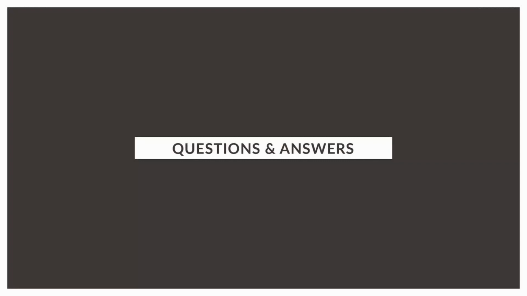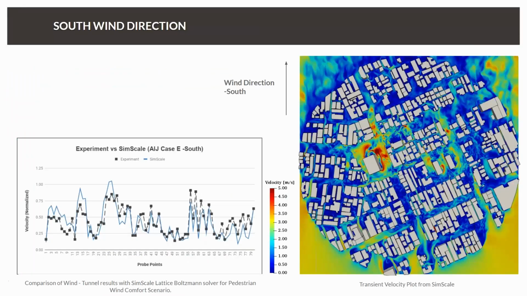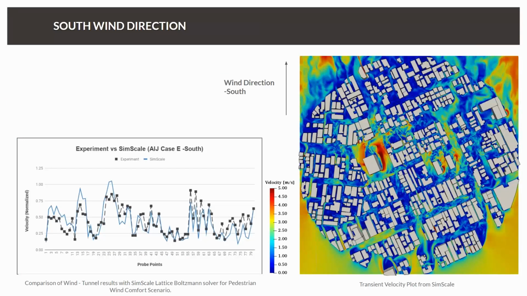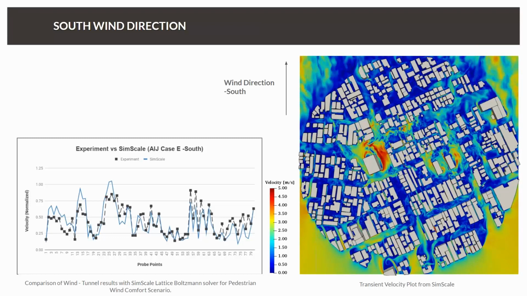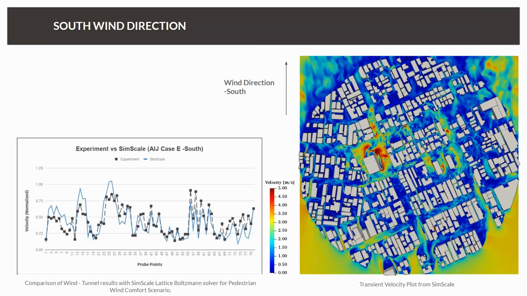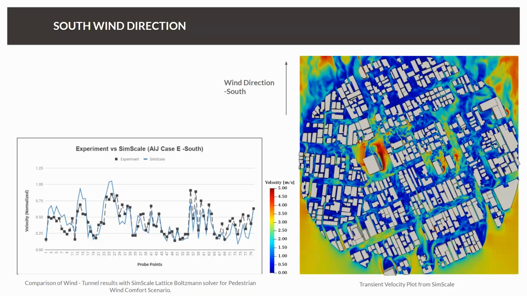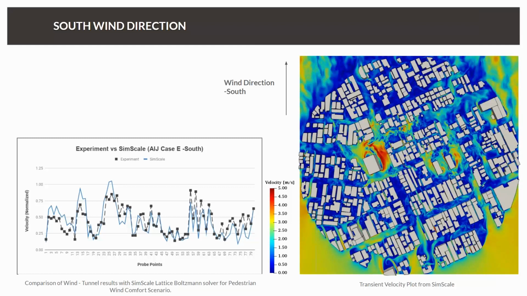So I've got a question: how does LBM compare to wind tunnel testing? So the best way we can actually compare LBM to our wind tunnel testing is through these charts here. What we've got here is the experimental in the darker shade, and we've got SimScale LBM in the lighter blue shade. And what we're looking for is the normalized velocity.